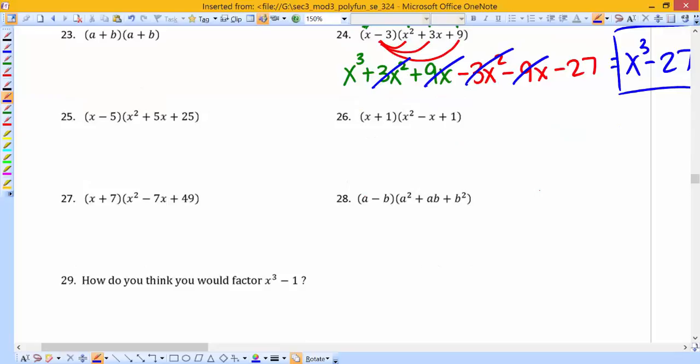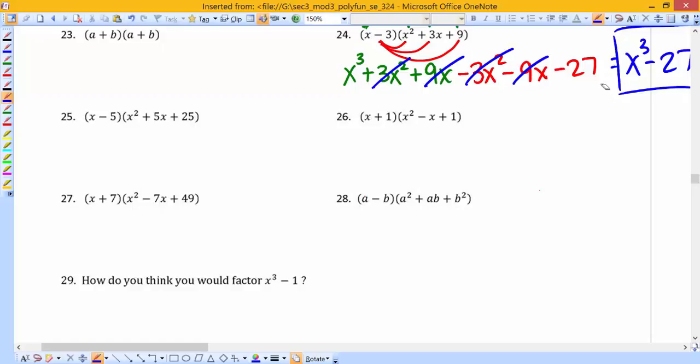I'm going to help you with this one in class on 29. But I really want you guys to understand how you can factor a cubic function. The x cubed minus 1, the x cubed minus 8, x cubed minus 64. I want you guys to be able to factor those, and you're going to have to be able to factor them from memory. But you got this.